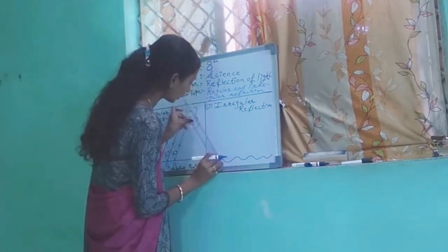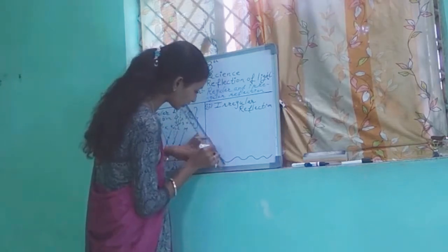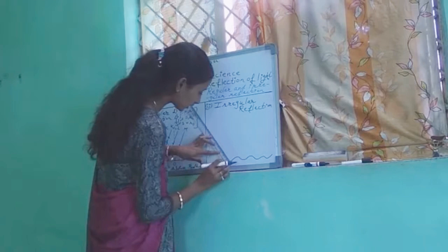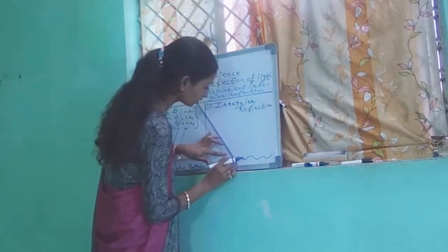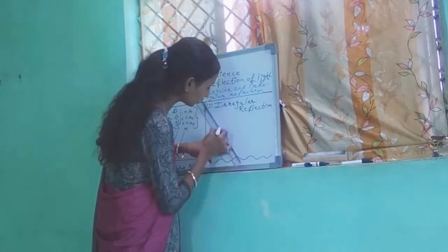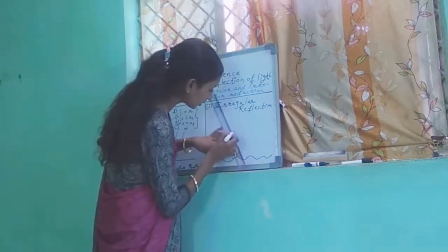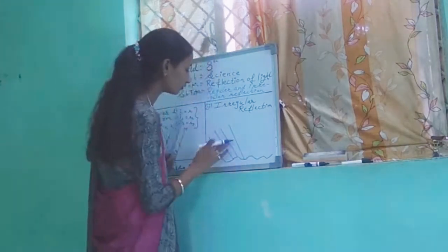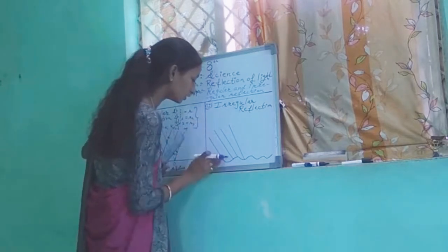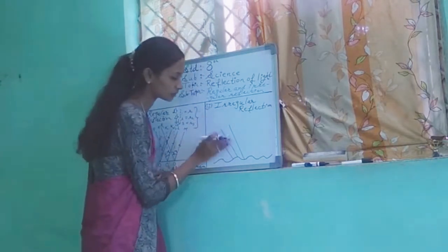See, if an incident ray falls here, another incident ray will fall here, and the third incident ray will fall here. Only three of them are sufficient for us.